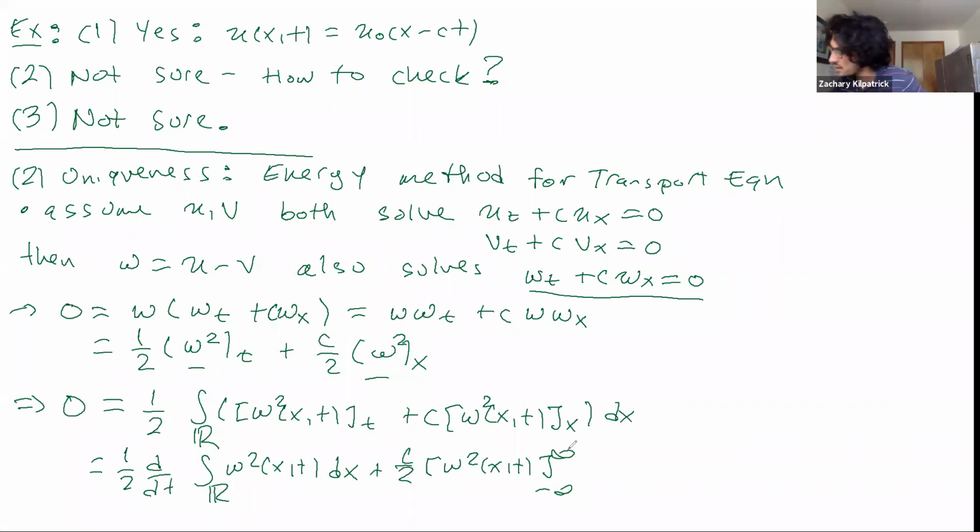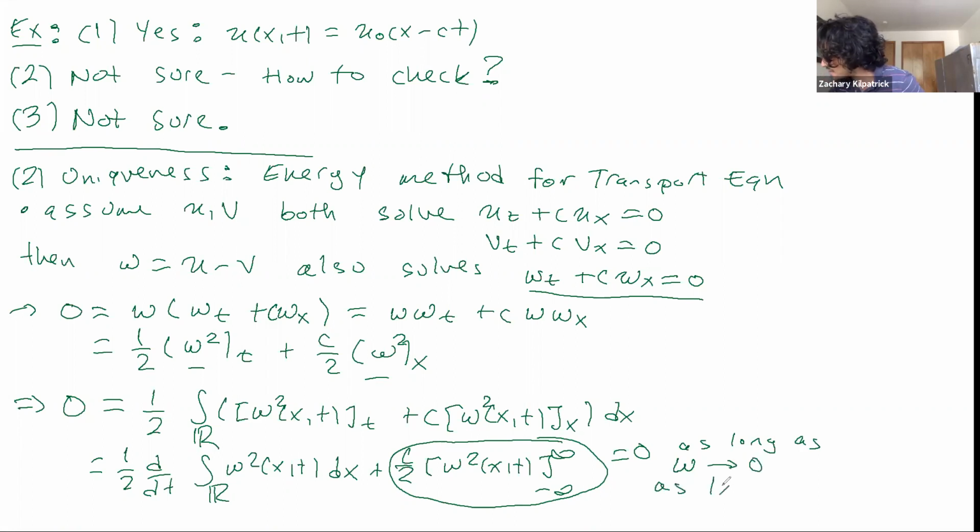So this term here is going to be equal to 0 as long as W goes to 0 as x goes to positive and negative infinity, okay? So I have 2 assumptions that need satisfying. One is the continuity of W, and the other is that W decays to 0 at positive and negative infinity, okay?